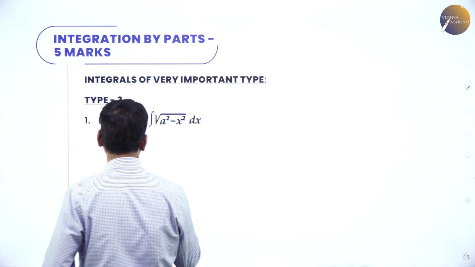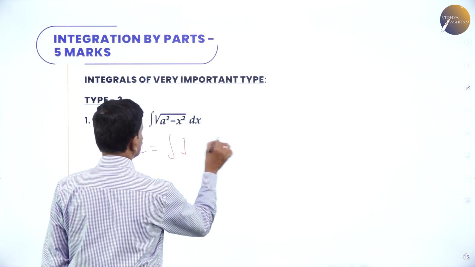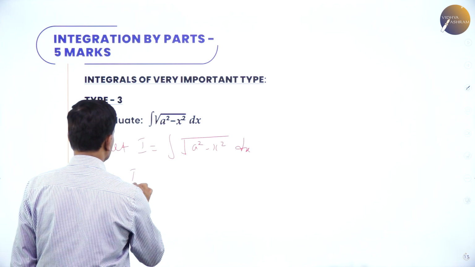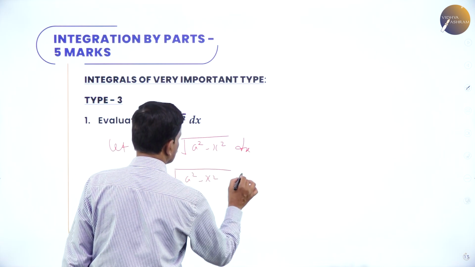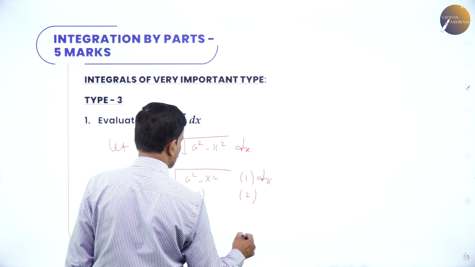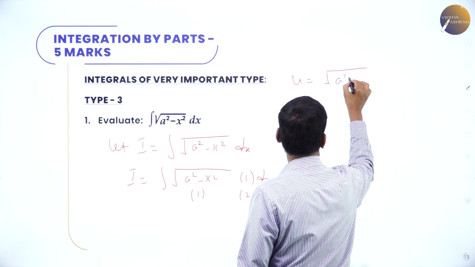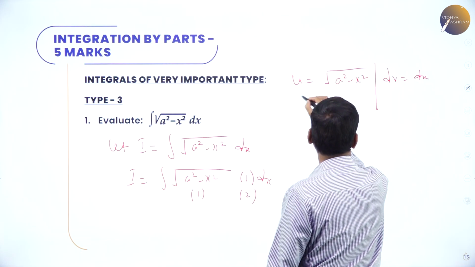Now, let us consider this as I. Let I is equal to integral root of a square minus x square into dx. This can be written as root of a square minus x square into 1 times dx. So, this is first function and second function. You can take u is equal to root of a square minus x square and second function dv is equal to dx.